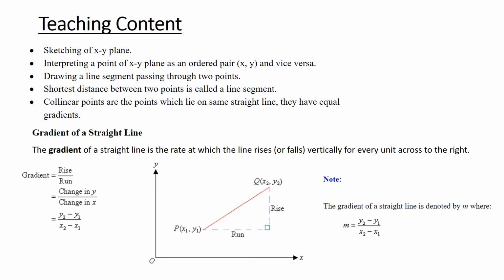Remember, the gradient of a straight line is always denoted by small letter m, and in this case the gradient of the line PQ will be (y2 minus y1) over (x2 minus x1).